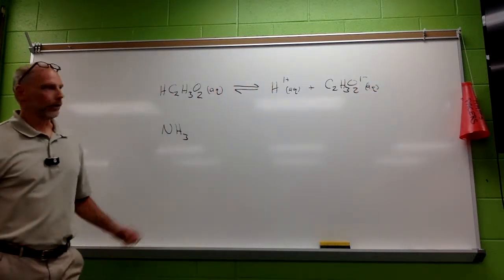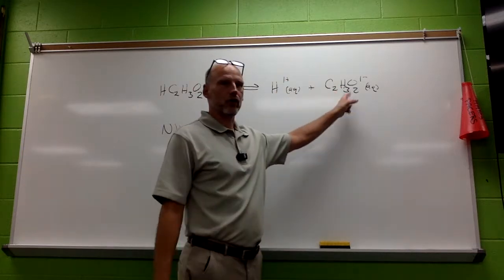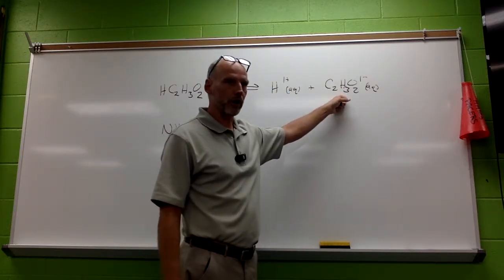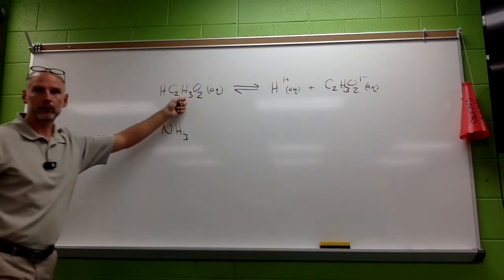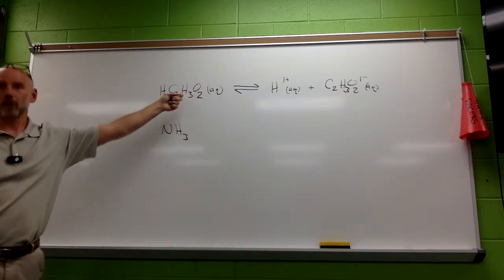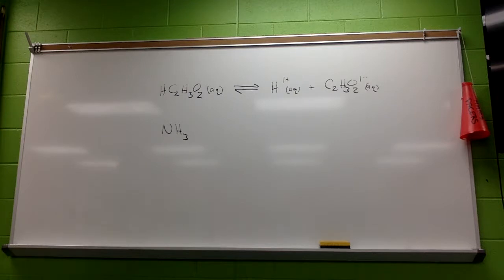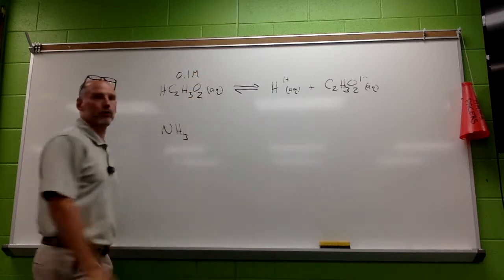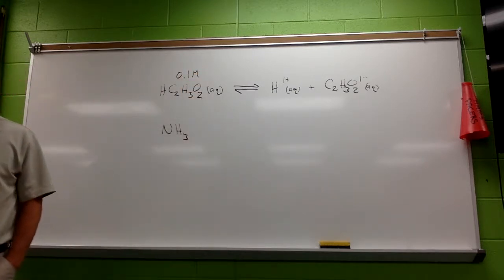However, as soon as this dissociation occurs, the attraction of these two things to each other is strong enough that it immediately starts reforming the acetic acid. Give me a second here, I can actually give you some numbers. If we had a 0.1 molar solution of vinegar, acetic acid, okay?